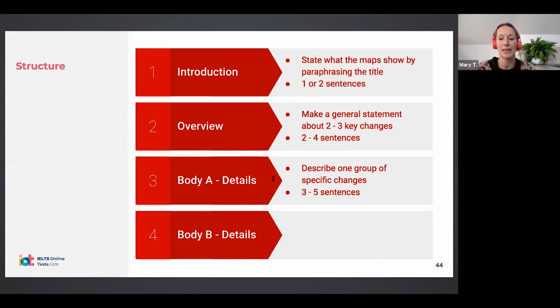And body B is the same. So just looking at another group of specific changes. Again, 3 to 5 sentences. And I think somebody was asking about a conclusion. So for task 1, you don't need a conclusion. This is all you need, just four paragraphs. But you have to include an overview.